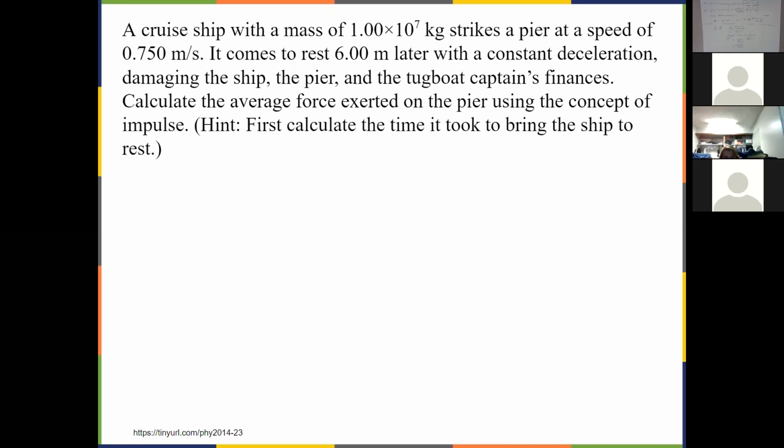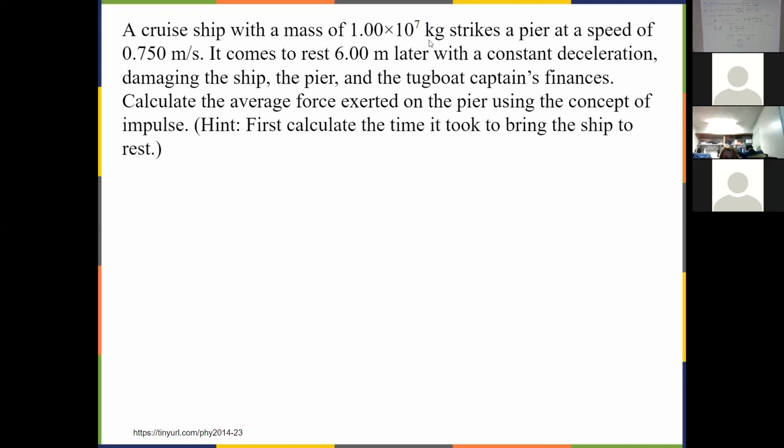Okay, so let me see. I'm going to give you guys a few minutes here. I think maybe better to open the breakout rooms for you guys to have some discussion on this one. Actually, this is a combination of the impulse and momentum theorem with kinematics, because the ship comes to rest after 6.00 meters of constant deceleration, and its initial velocity is given.